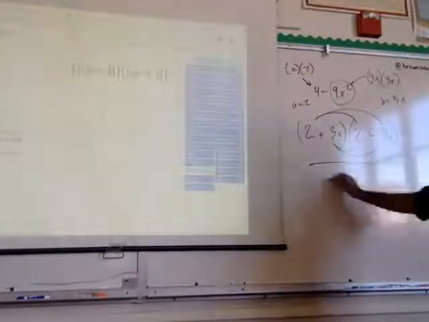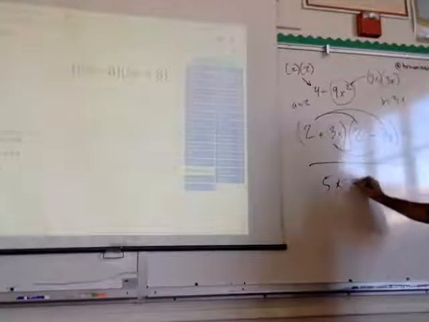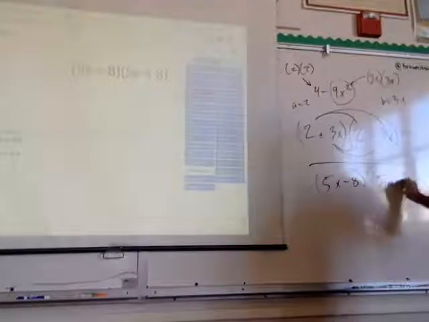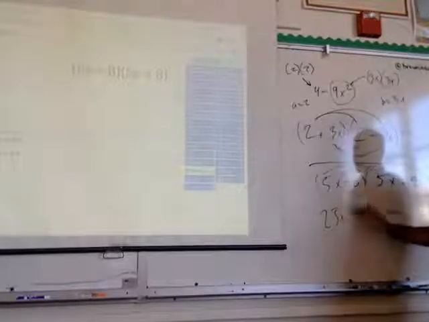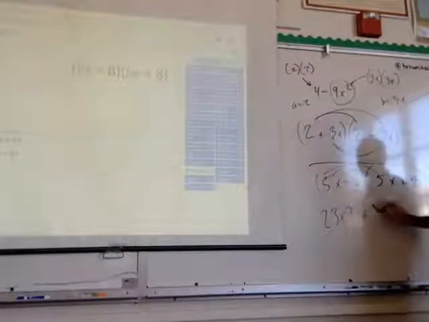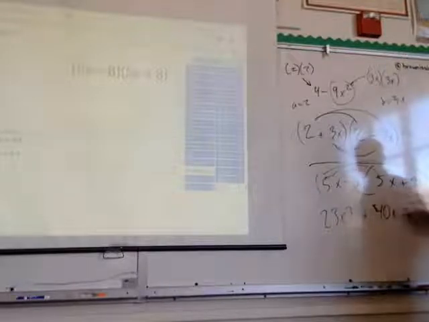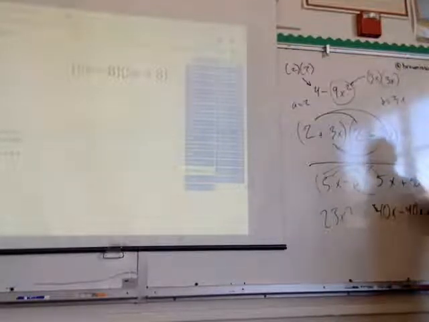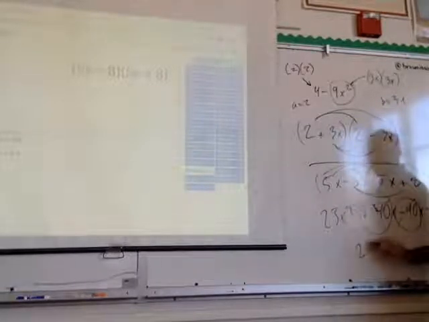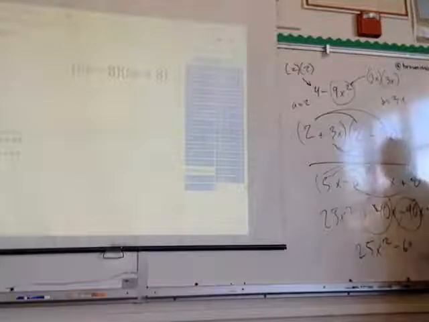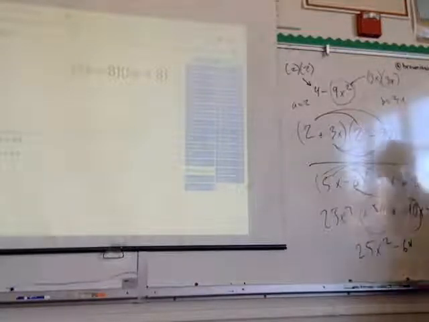First, 25x squared, outer, plus inner. Concentrate. What happens to these? 25x squared minus 64. That's the right problem, isn't it?